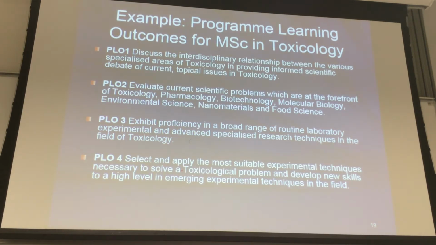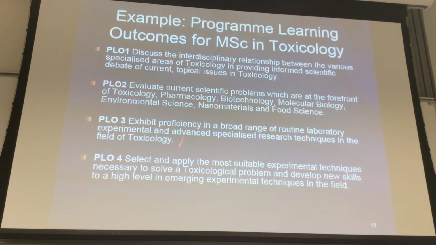This was a course sent to me a number of years ago in which I was asked to be the external examiner. It was very well written by an Institute of Technology. It's like a technological university here in Ireland. And the first thing I looked at were the program learning outcomes. So this is an MSc. Program learning outcome 1, discuss.